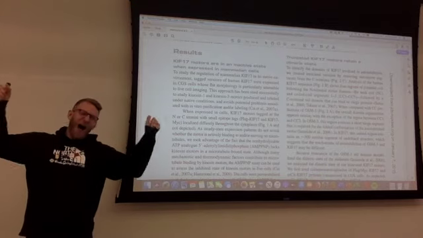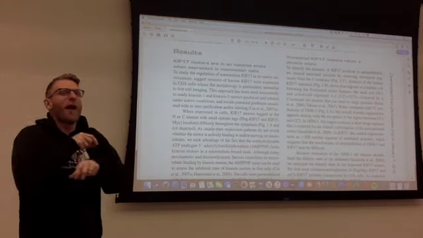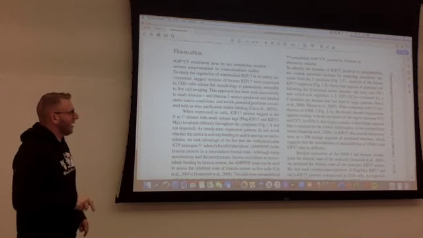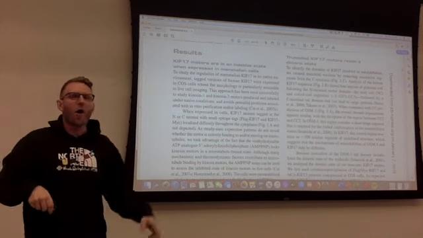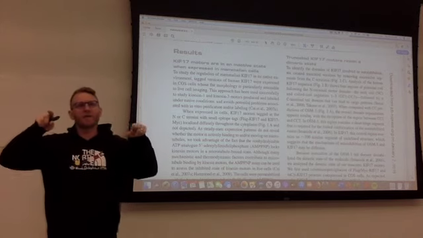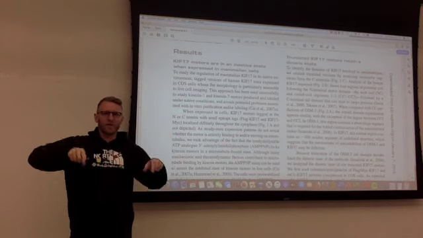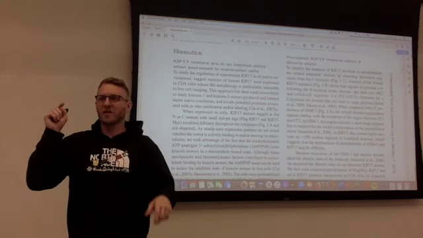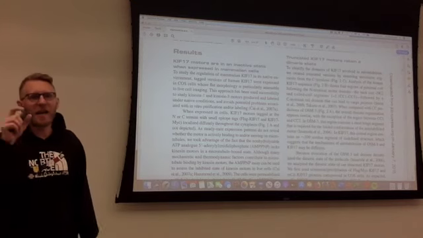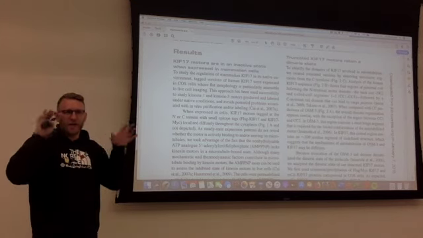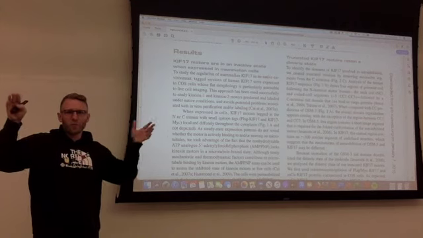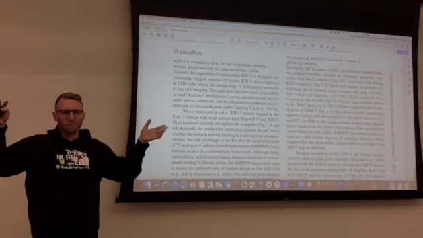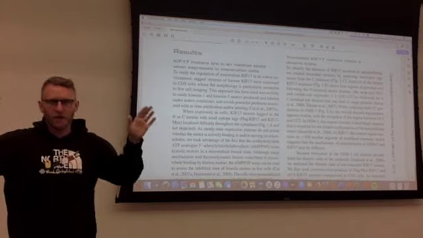Don't ever do that, okay? Always have in-text figure call-outs: parentheses, Figure 2, in this case Figure 2C, okay? Boom, end of sentence, period. If you have a citation at the end of that sentence too, you can group those two things together in the same set of parentheses, okay? That's fine.